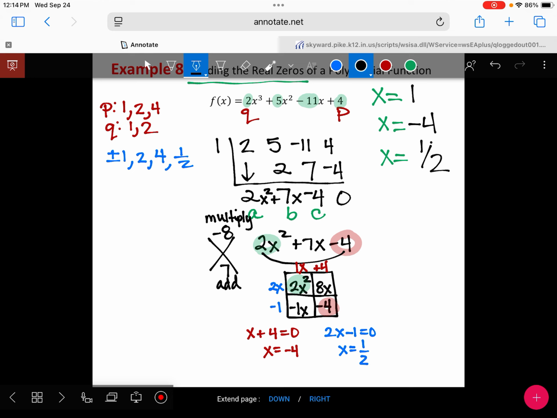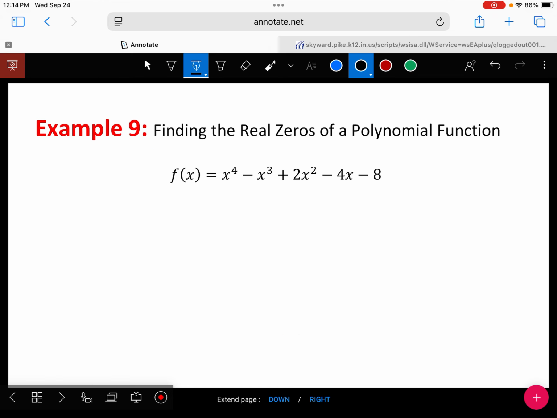All right, let's do a higher degree. Example 9, go ahead and copy this down. How many answers am I looking for now? 4.